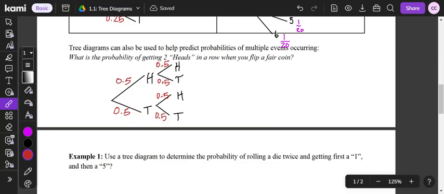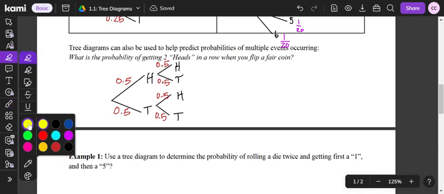And what it asks me is, what is the probability of getting two heads in a row when you flip a fair coin? Well, this is why tree diagrams are really useful. If I start at the beginning and I just follow my branch to the first heads, and then I follow it again to the second heads, this chain of events right here is going to help me calculate my probability.